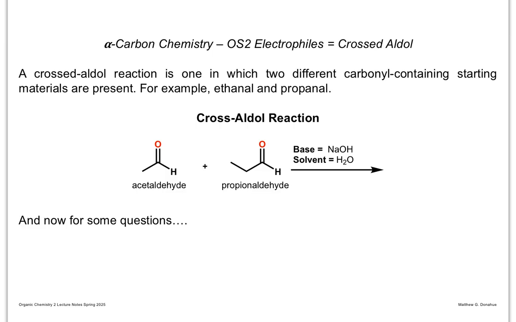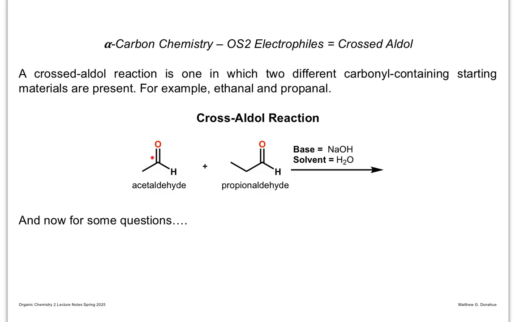So they're both going to form the enolate. And then the follow-up question is, which one's the electrophile? They're both going to act as electrophiles. So you're doing a cross aldol in two senses. This can be an enolate reacting with that.